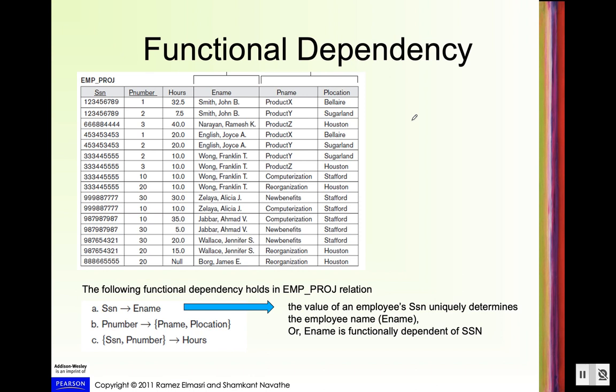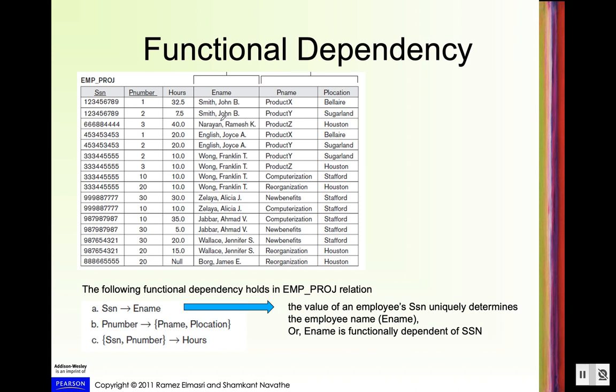The second functional dependency says that P number determines the value of P name and P location, meaning that if we have two records where P number is the same, for all of these records P name and P location will also be the same. You can also intuitively find the validity of this information.